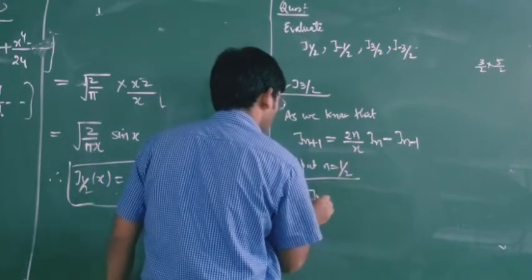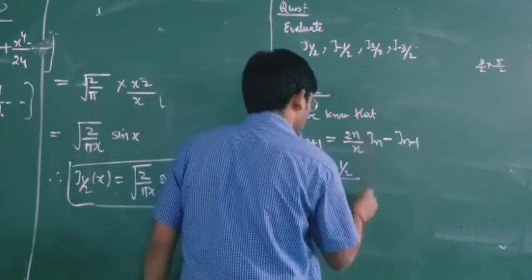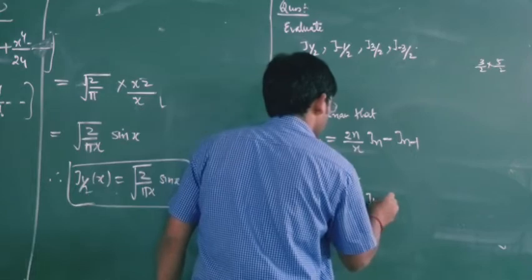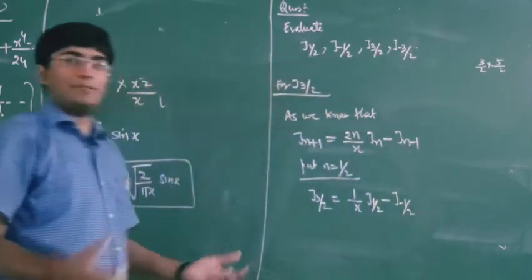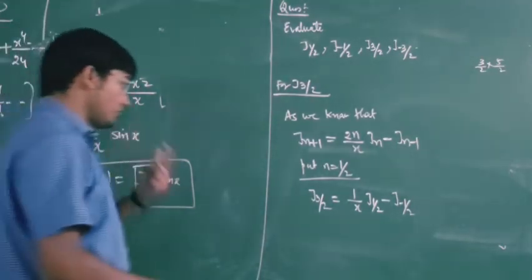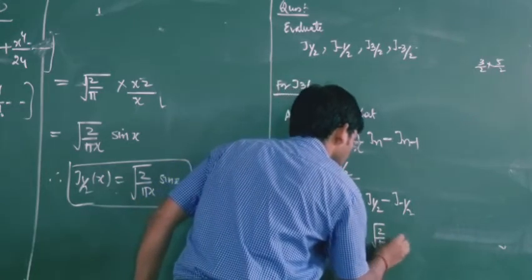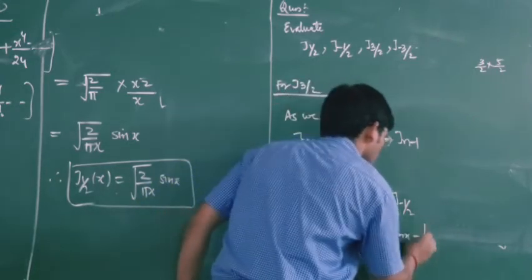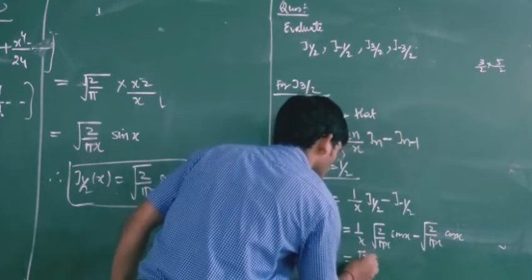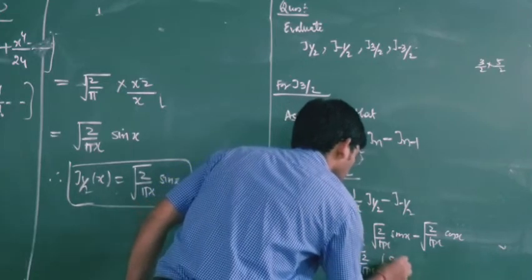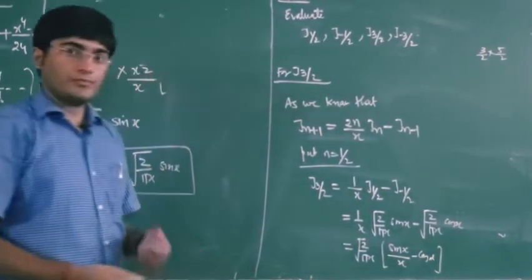If you put n equal to half, then you will have J 3 by 2, and this will be 1 by x into J half minus J minus half, and we have the values of J half and J minus half. Your J half is root 2 upon pi x into sin x, and your J minus half is root 2 upon pi x into cos x. So this is equal to root 2 upon pi x, then sin x upon x minus cos x. So this is the value of J 3 by 2.